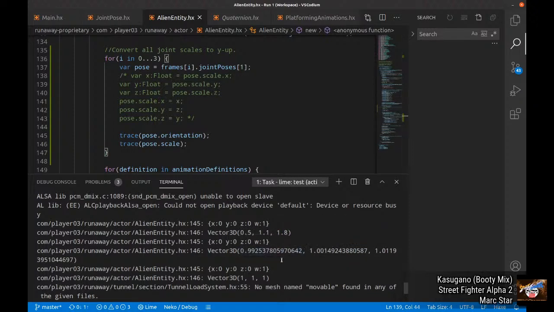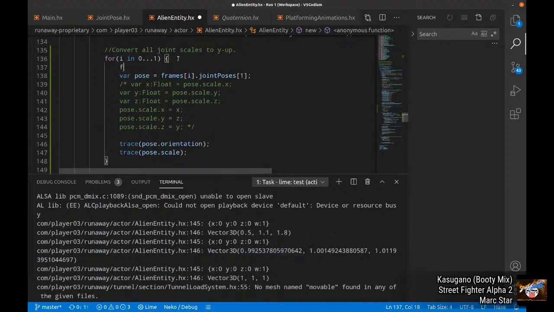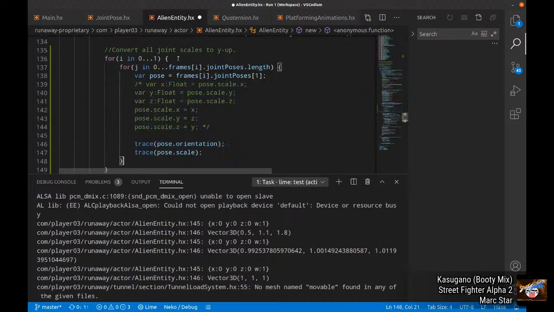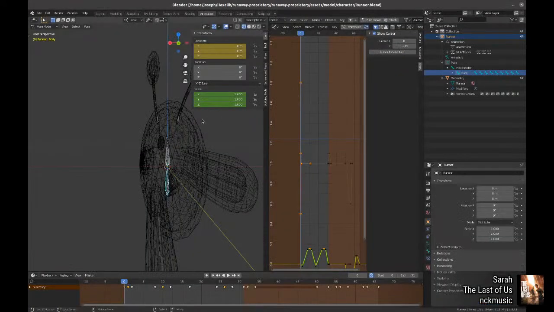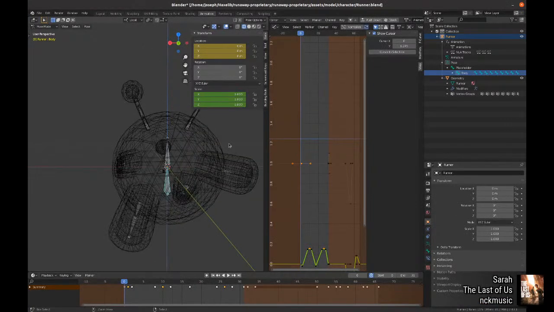So I think I need to leave like 2 frames between animations from now on, as annoying as that is. So let's go fix that.